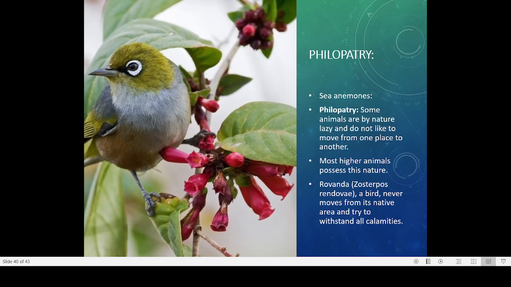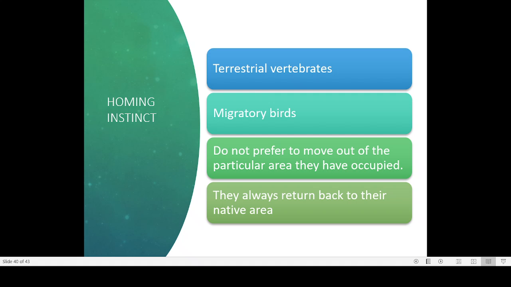If you observe the habit of the loris, it is moving very, very slowly. So such animals are by nature lazy and they do not move from one place to another quickly. Then sea anemones are also another case. They are attached to one particular spot. They won't move from that spot very much. So they are also very slow moving animals.